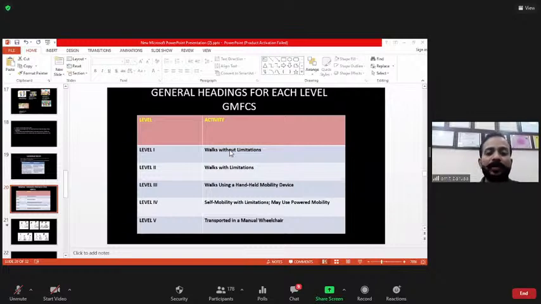If I give you an assessment and I have written that the GMFCS level is 3, then I'm not going to write down each and everything about that child, because GMFCS level 3 itself explains that the child needs support outside, and even within the house he's walking using some kind of furniture support, or some hand mobility devices.